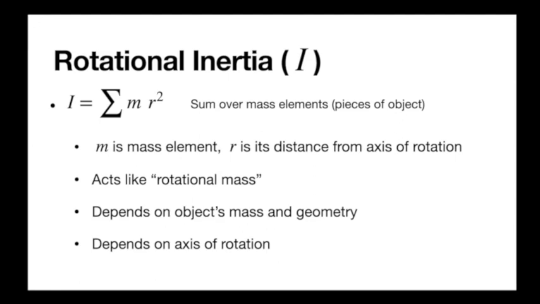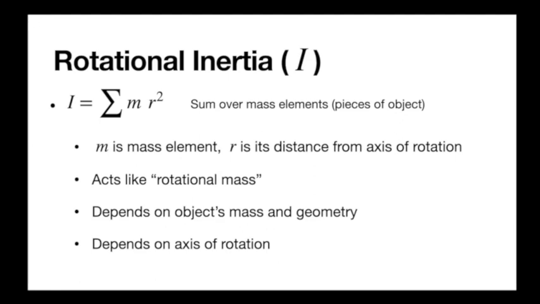Something is rotating. Let's use this chair, for example. I spin this chair around, and very roughly, we probably want to break it down into smaller pieces than this, but let's just focus on the two arms and the back of the chair. Those are our mass elements. First I need an axis of rotation, because r is the distance from it. So let's pick the center axis of this chair that it's rotating on. This mass element, this arm, has some mass m and some distance r away.